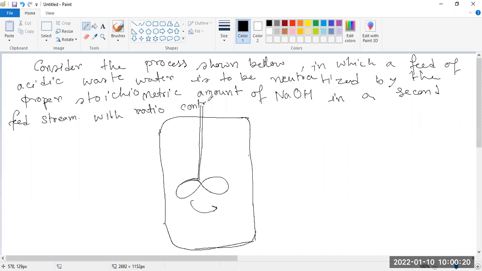By ratio control, the proper flow of sodium hydroxide can be maintained.